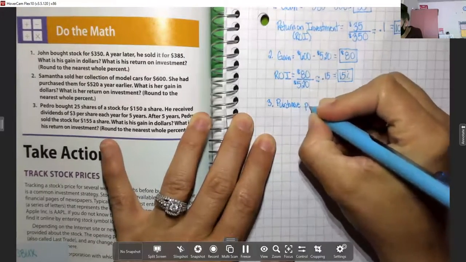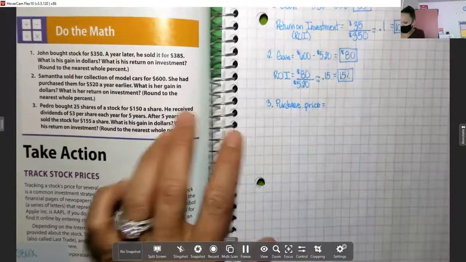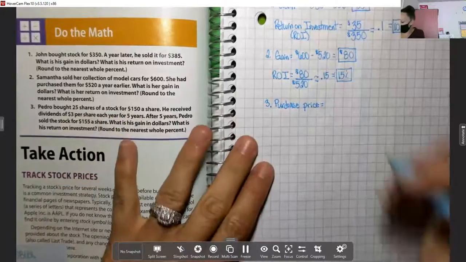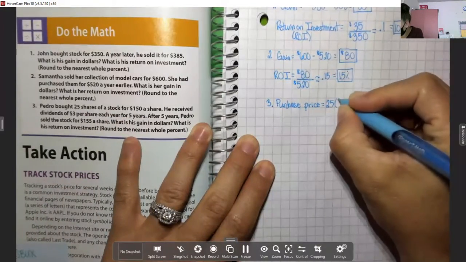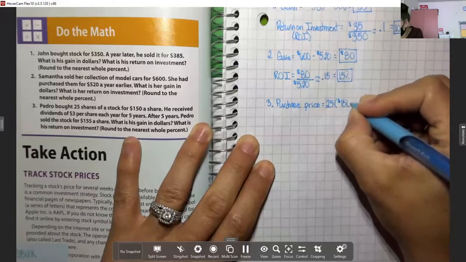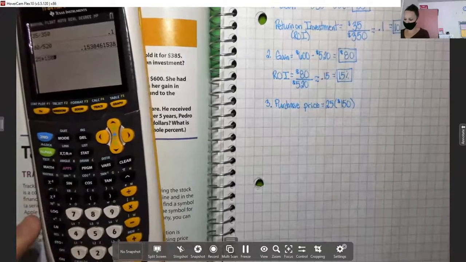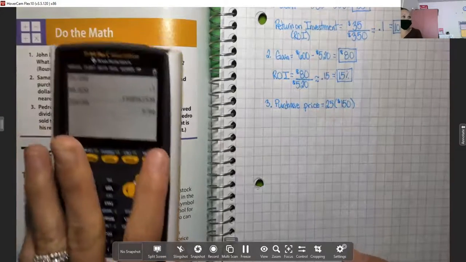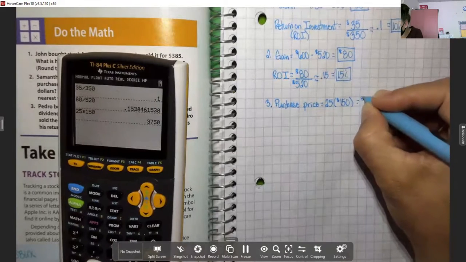How much money did Pedro spend? So he bought 25 shares at $150 each. So 25 times $150. So Pedro spent $3,750.